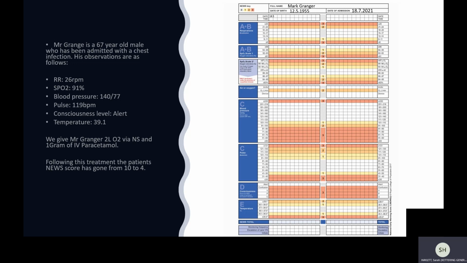It's important we put the correct date and the correct time. As you can see, each vital sign has been accurately logged using a simple dot. And we're always going to join up our blood pressure so we can identify the systolic and diastolic blood pressure reading.